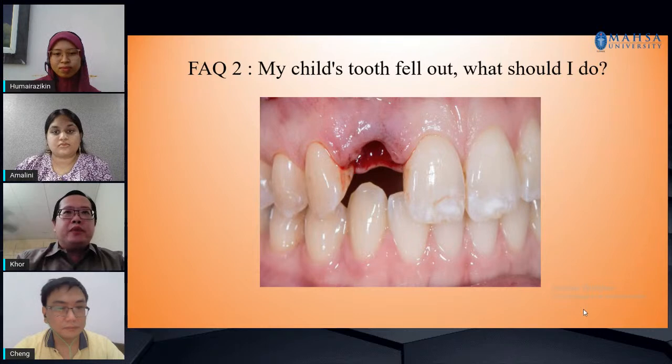Temperature is very important, not hot. Finally, if we cannot reposition the tooth back into the socket, it's best to rush to the nearest dental clinic. The earliest possible is very important because the critical time is about 20 to 30 minutes.